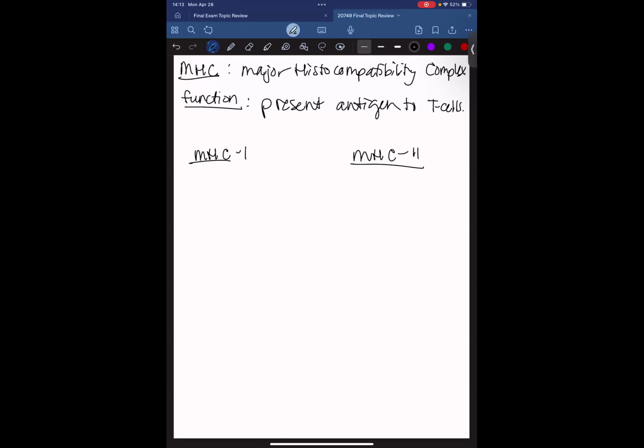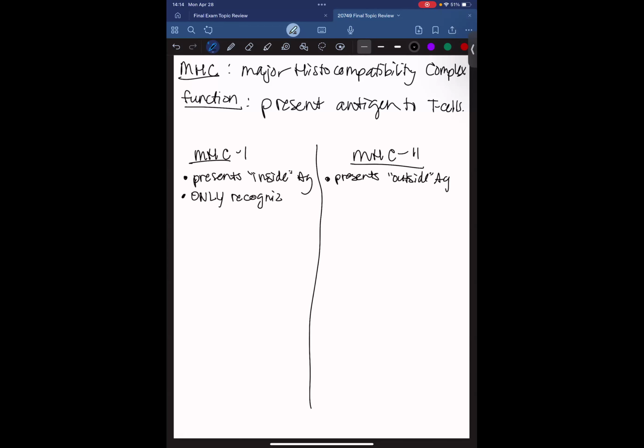MHC1 presents, we know this part, inside antigen, whereas MHC2 presents outside antigen. MHC1 is only recognized by CD8 positive T cells.